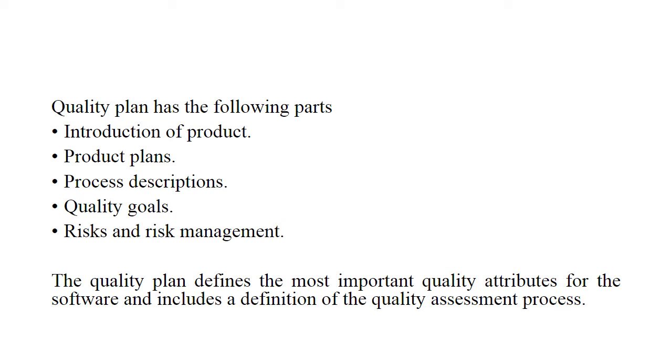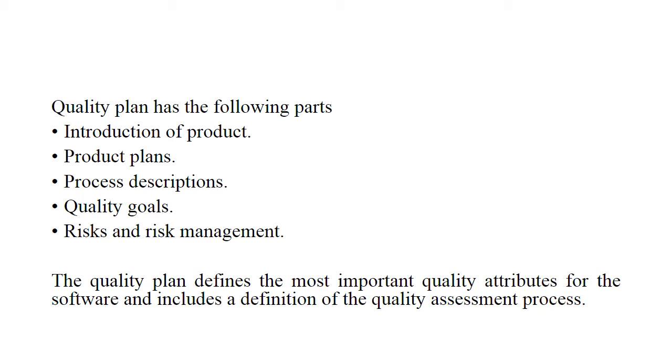Your quality plan has the following parts: the introduction of your product, product plans, process description, quality goals, and risk and risk management. We are going to develop a new product, so how are we going to introduce it, and what do we have to do for it? Product plans: how I am going to build this product and where I am going to achieve it; everything you have to plan.